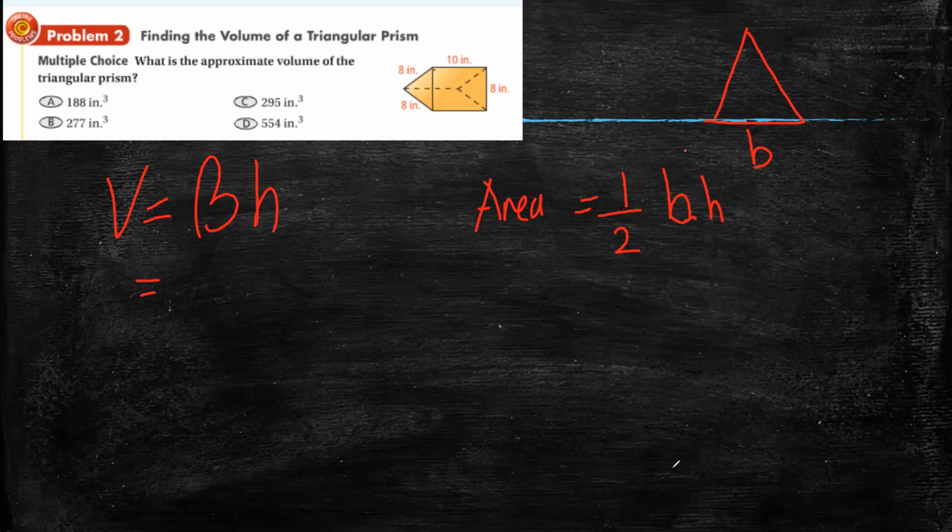Here, this is H. One of the H's, this is H. And there's also another H, which is this one. But they're not the height of the triangle. We need to find it, right? So here now we have two heights.